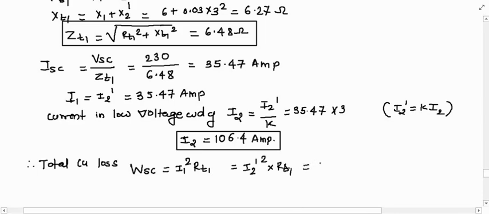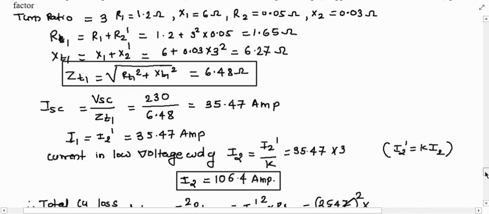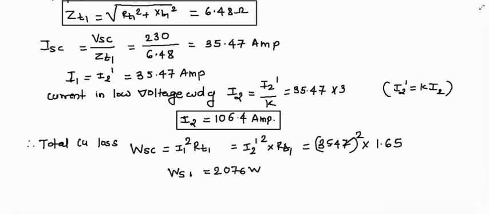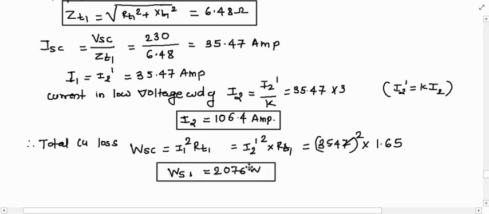So what is I2 dash? 35.47 whole square into RT1, which is 1.65. So WSC you will get as 2076 watt.